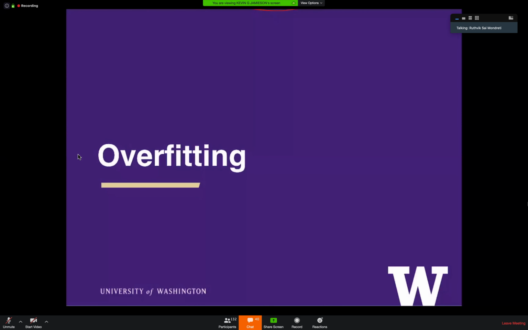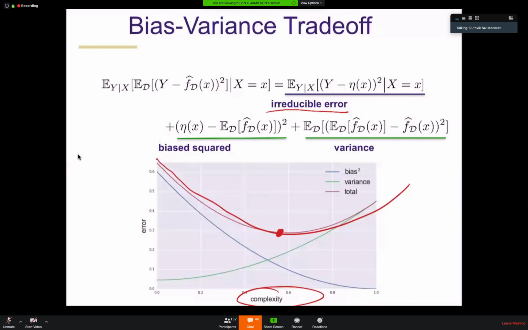Professor, a quick question. For bias, as the complexity increases further, why is it always decreasing? Intuitively, I feel like, similar to variance, shouldn't bias also increase after some point? So, I do want to mention, this was something I briefly said when I was sharing my slides, right?